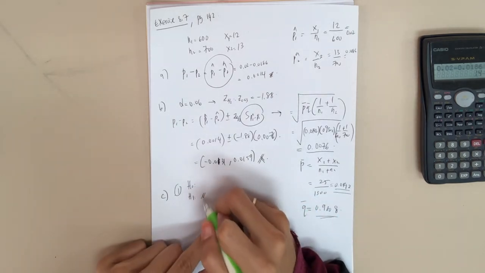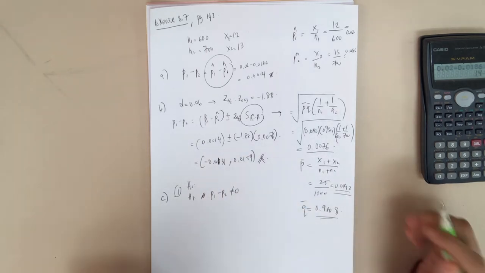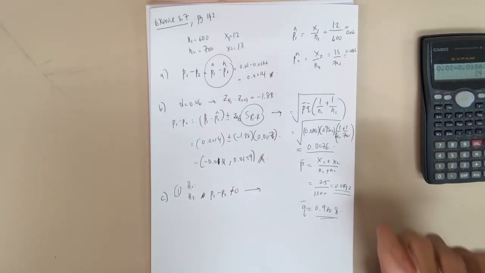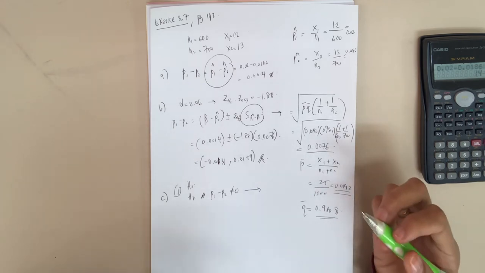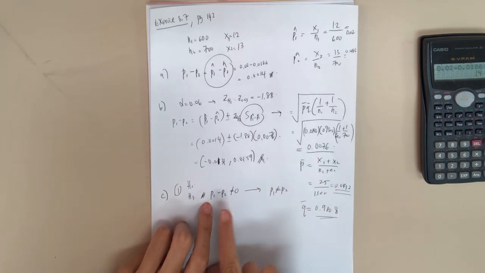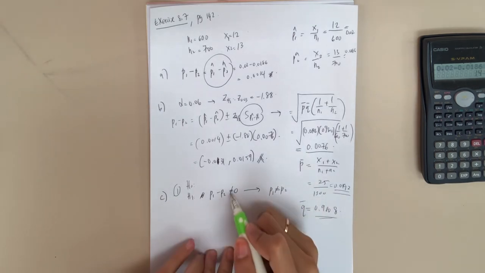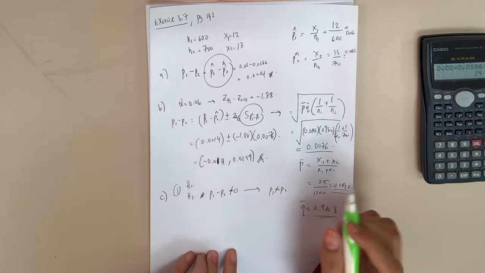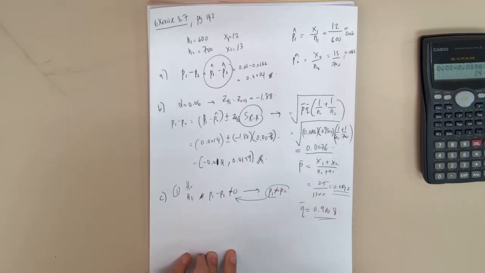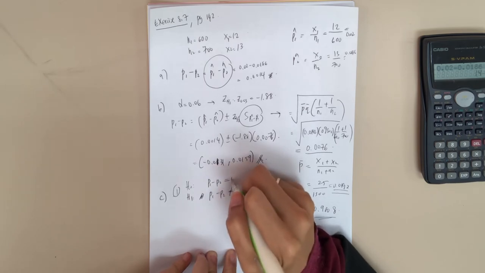The keyword here is different, so P1 and P2 are different. What we mean by different is P1 is not equal to P2, so we write not equal to 0. If you rearrange this equation you get back this equation. So automatically P1 minus P2 for H0 is equal to 0.